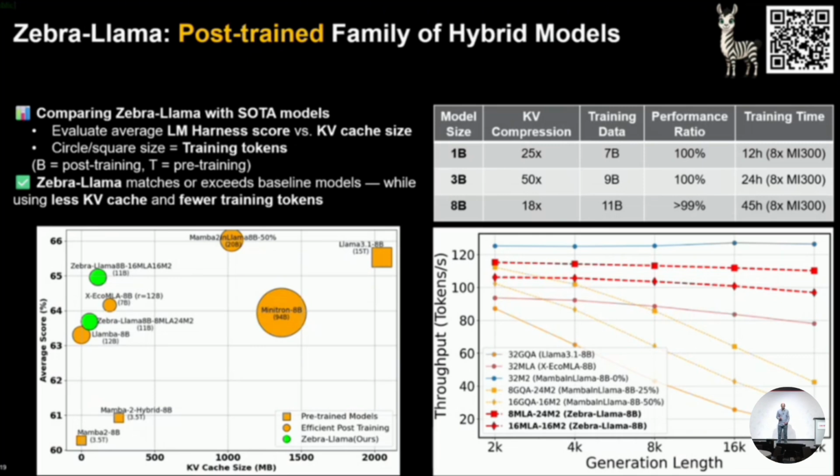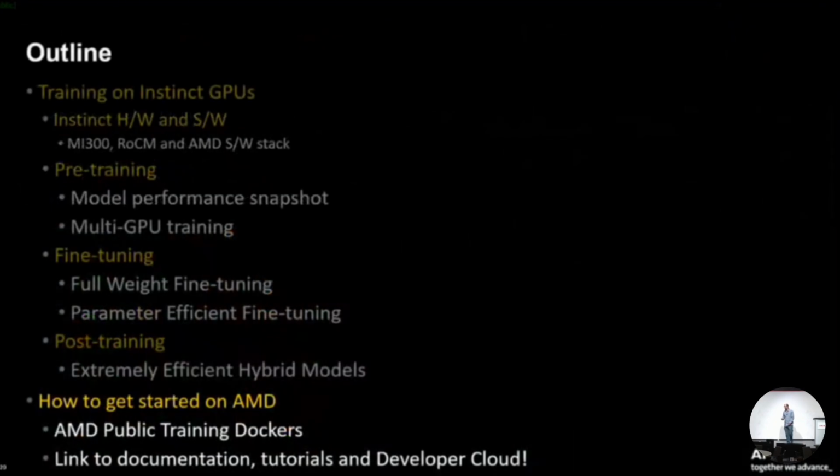They use a very small KV cache compared to pre-trained models or even other hybrid models. But in terms of LM harness eval score, they are very competitive even with the pre-trained Llama 3 model, which is trained on trillions of tokens. So for the sake of time, I'll just move to the next part, which is the last part of our presentation.